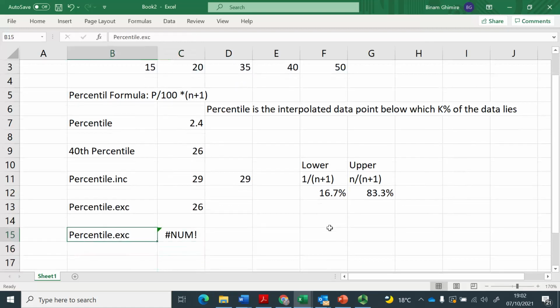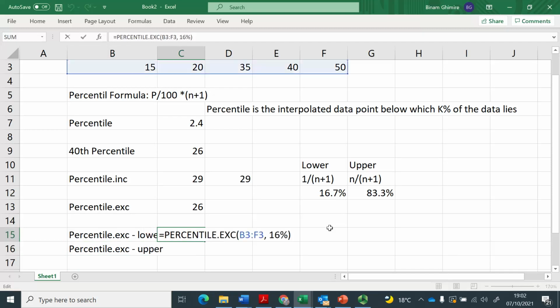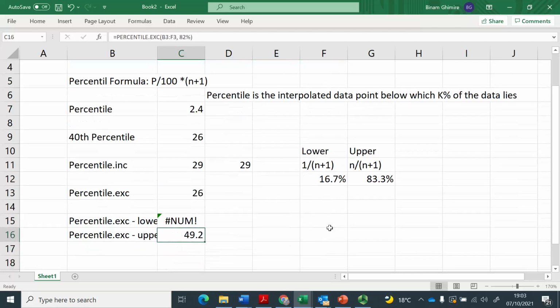Now, this was something we tried for the lower bound, and if we now try for the upper bound, then you will see that it is the same, and it doesn't work if this k is higher than 83. So if it is 84, it doesn't work, but as soon as it is something like 82, it works.